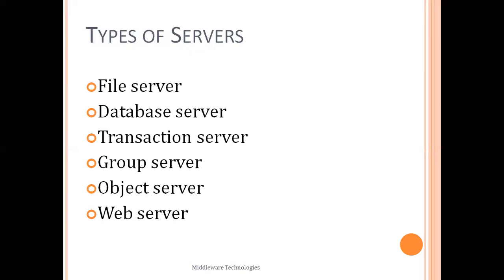Object server is only to provide object-oriented technological services. Web server only for web applications. Like this, each and every server will provide a particular service. So, this is about types of servers.